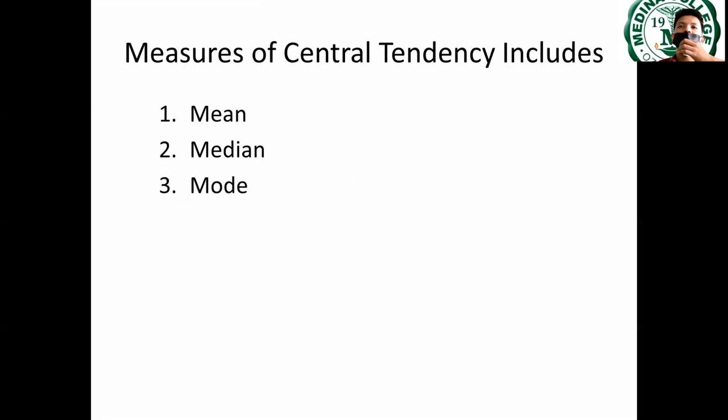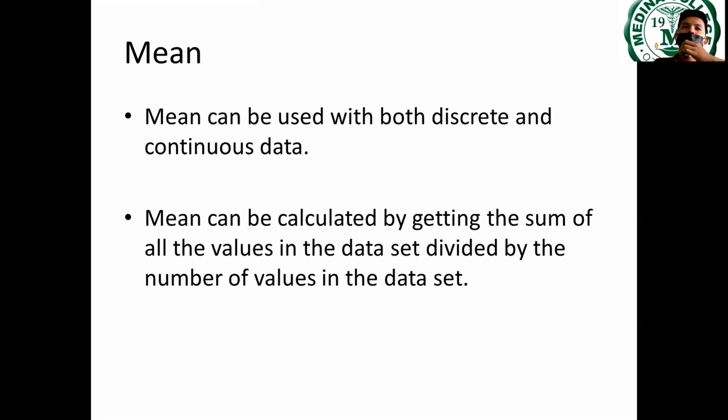Now for central tendency, as I have said, we have three. First the mean, second the median, and third the mode. The mean can be used with both discrete and continuous data.